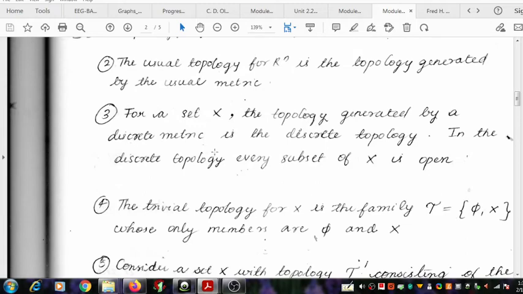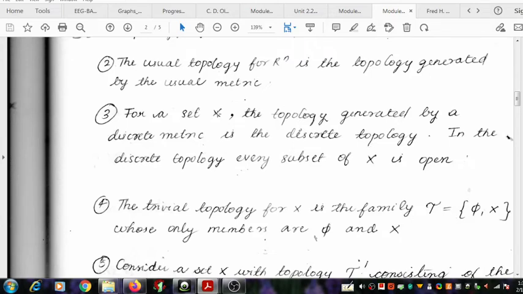Next example, the third one, here we see a special kind of topology. In the next few examples, we are going to see some special kinds of topologies. So let X be a non-empty set. A topology generated by the discrete metric is called the discrete topology.